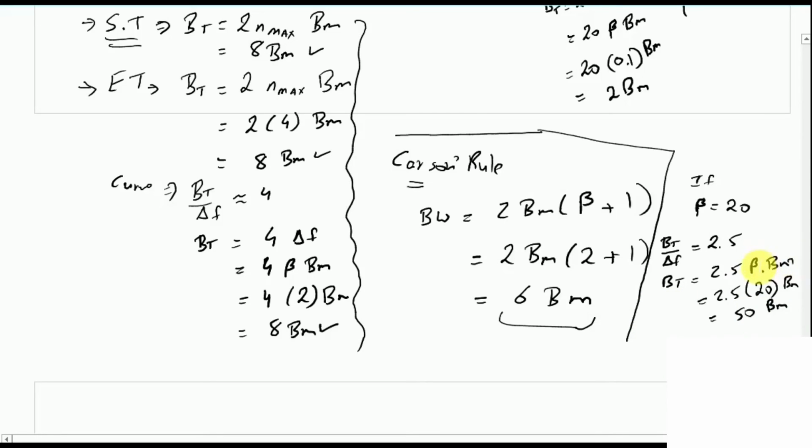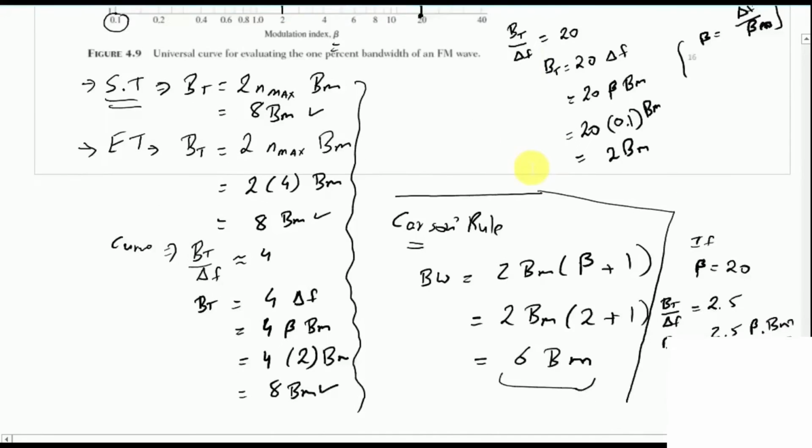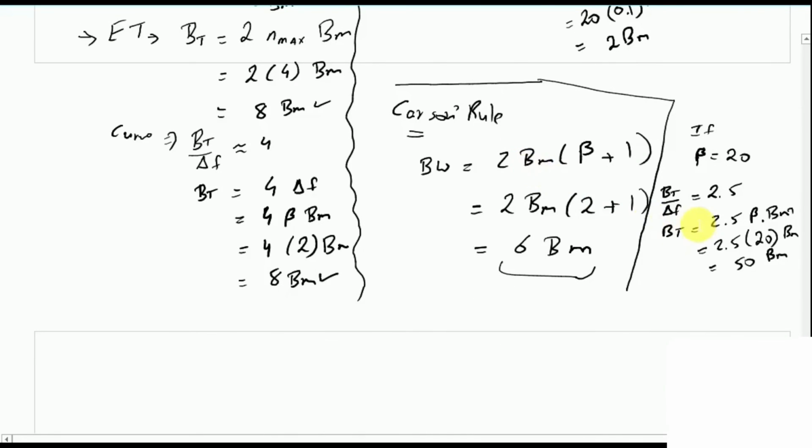So as the value of beta increases, if it is 30 or 40 and so on, you would have something like beta, and the transmit bandwidth would be actually equivalent to 2 times delta f.